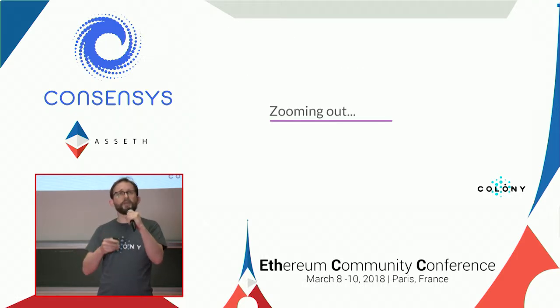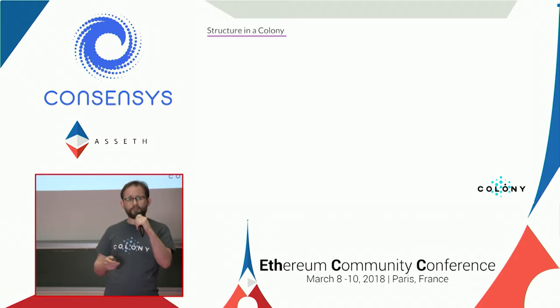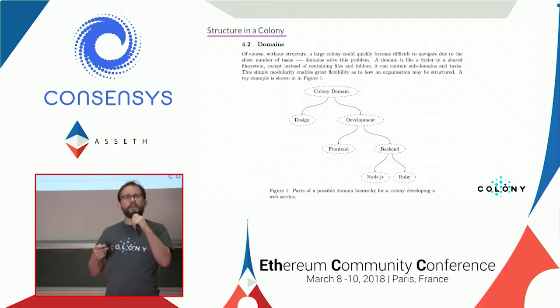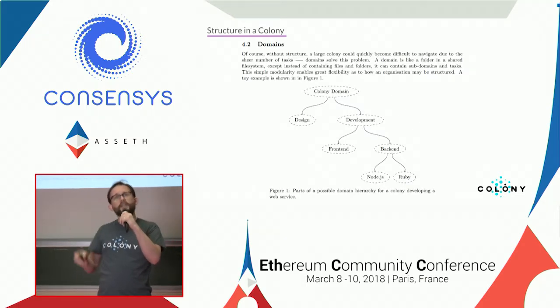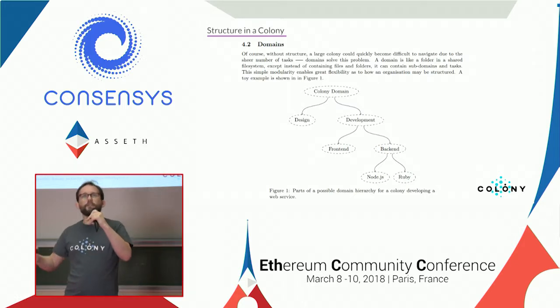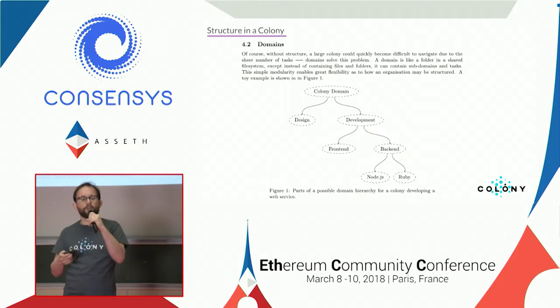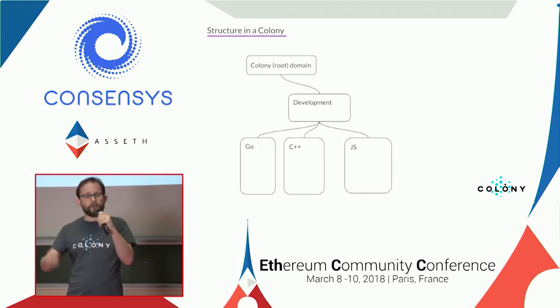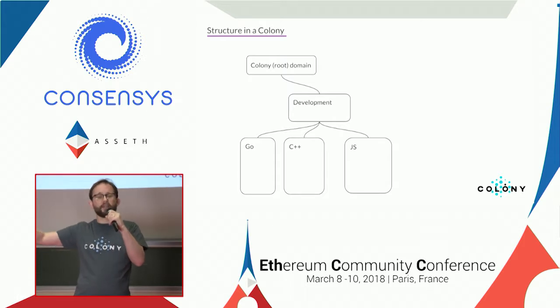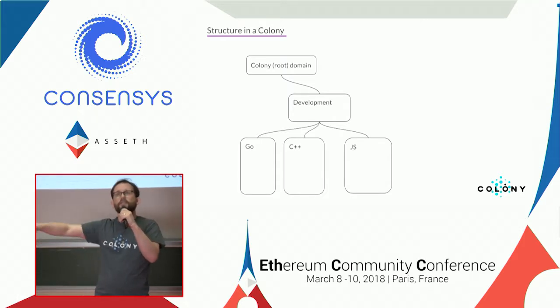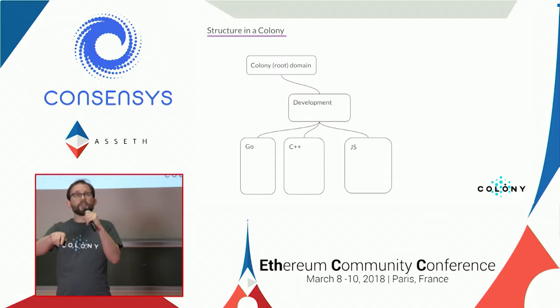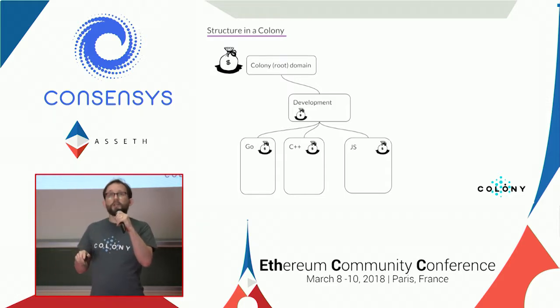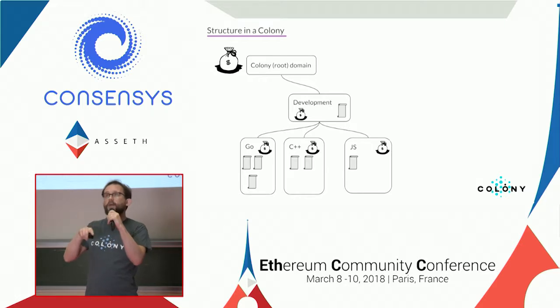If we zoom out a bit, the structure of a colony has domains, which you can divide a colony into. That is to divide a huge project into logical subunits, maybe departments, maybe working groups. For example, here we've got a colony with a development domain, and the development domain has a Go, a C++, and a JavaScript subdomain. Each of these domains will have its own budget, and within each domain there will be the tasks that get funded from that budget.